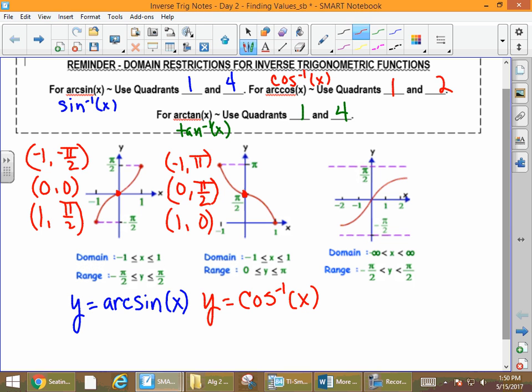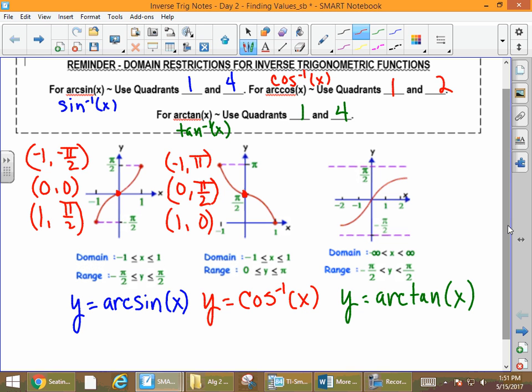And a third function here is arctangent, or tangent to the negative 1 of x. In the tangent graph, we have asymptotes. So we still have asymptotes in the inverse tangent graph. They just happen to be horizontal instead of vertical.